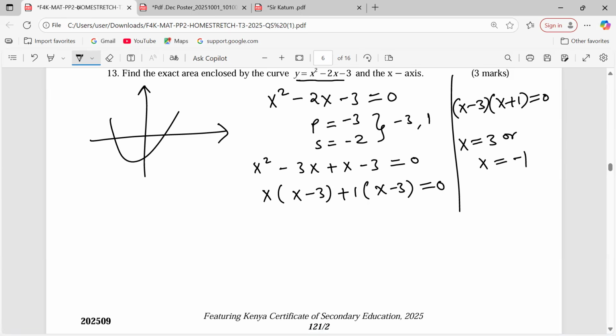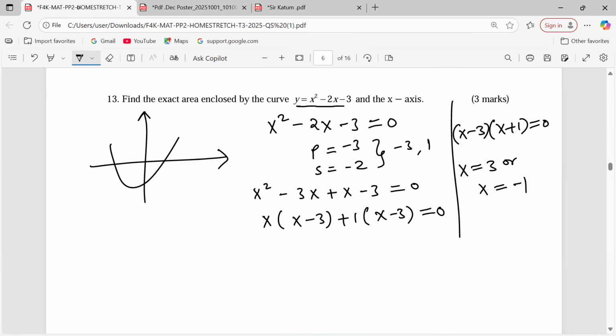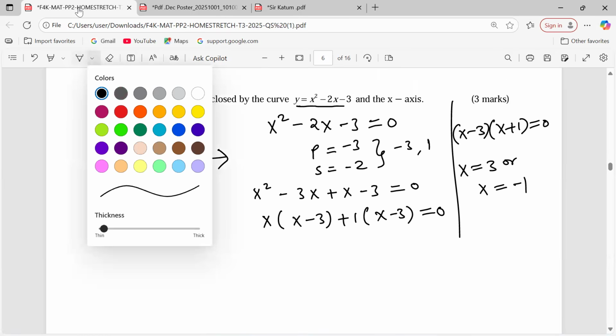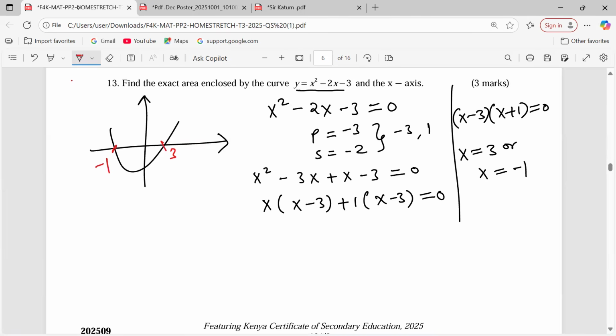You see now, we have the two values of x. This curve cuts the x-axis at -1 and also +3, meaning that for us to get the area between the x-axis and this particular curve, we need to integrate from -1 to 3, x squared minus 2x minus 3 with respect to x.